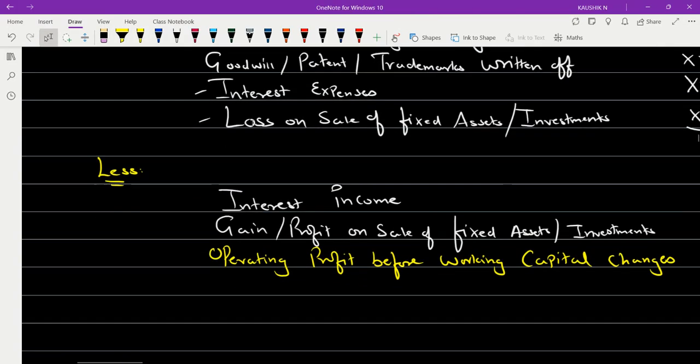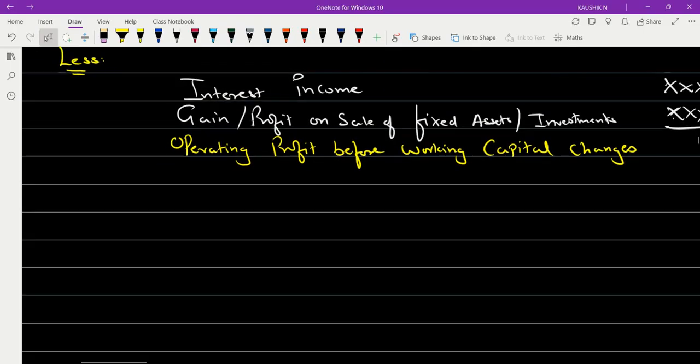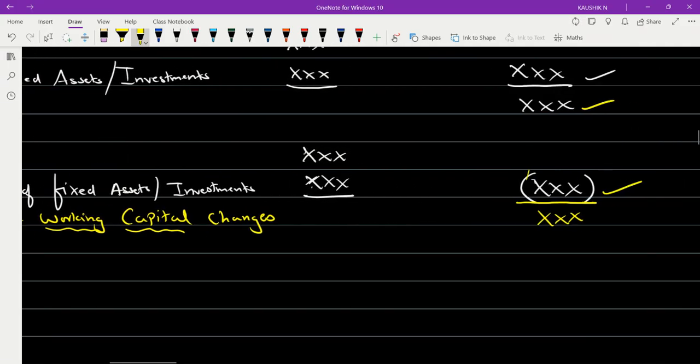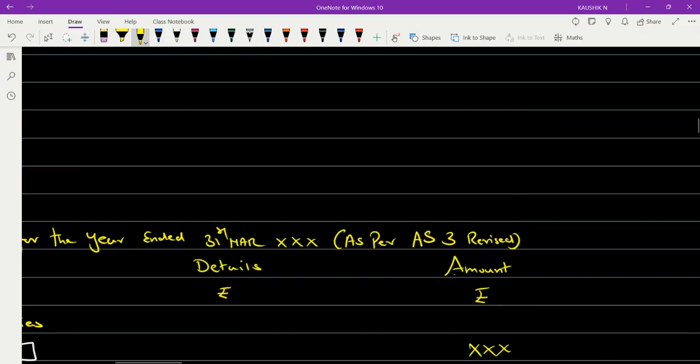This is the only stage where people go wrong. Okay, one easy clue to remember is when to introduce that line. Once you are getting this term operating profit before, what is this? Working capital. So what do you know about working capital? What is the formula of working capital?